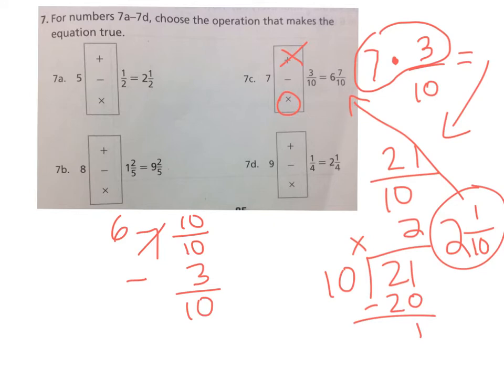I know that the denominator would be the same, which is 10, and whatever I do to the denominator, I do the same to the numerator. So let's work this out. 10 minus 3 is 7 over 10, and 6 minus 0 is 6. So that is the same as the answer. So the answer would be 7 minus 3 over 10 equals 6 7/10.